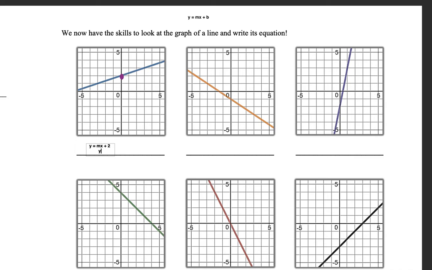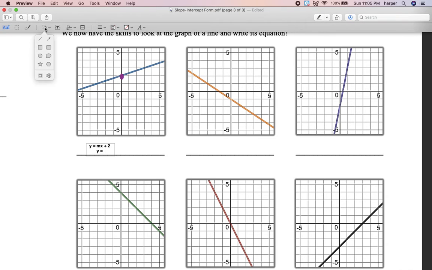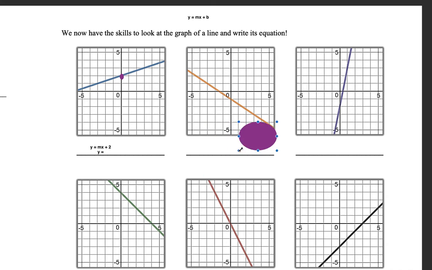Now we've got to figure out our slope. So y equals m. What is our slope? We always go from 2 points. Remember, this is from a really long time ago, finding slope. So find 2 points. I'm going to use these two right here.